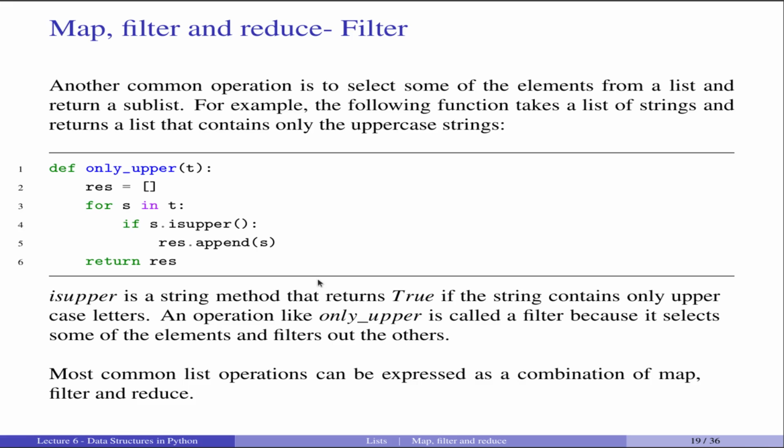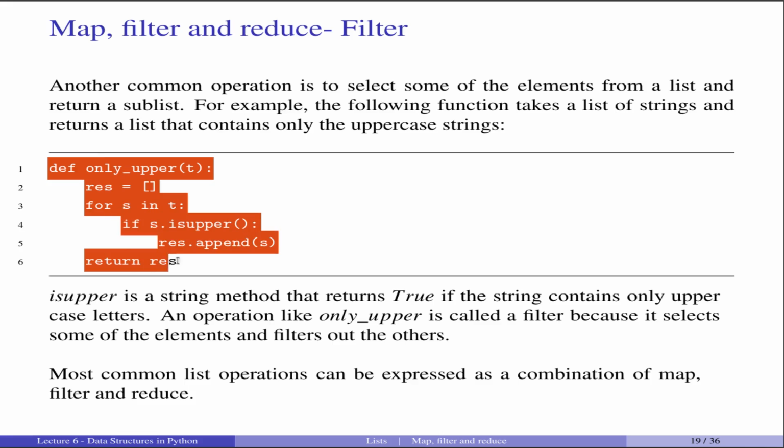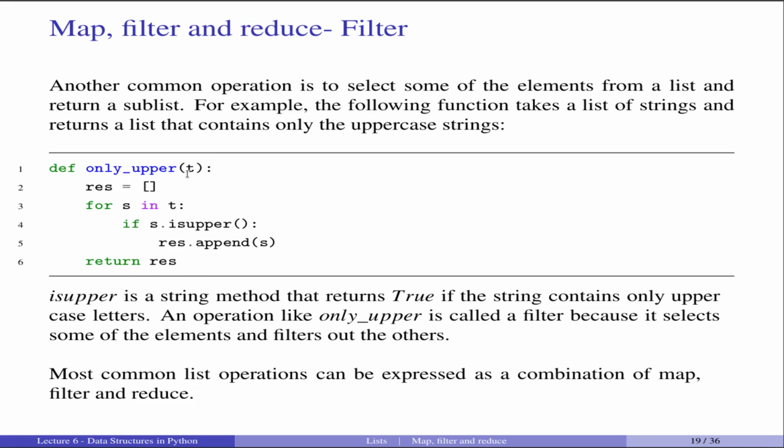The third technique is called a filter. So filter কথাটার অর্থ হচ্ছে if I want to find some specific values on some specific conditions. So for example, I want to find out a list of elements that are only capital letters present in a string. Okay, so we can define a function like this: def only_upper, which takes a string t, and we are declaring an empty result list.